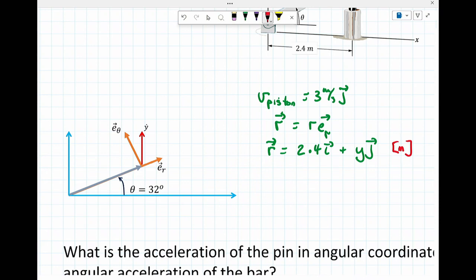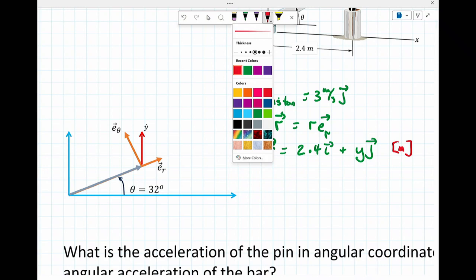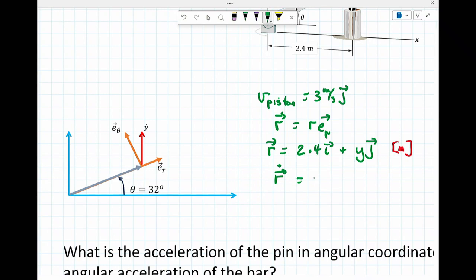I know the angle is 32 degrees. I know r is also equal to R E sub r. I know that r dot is equal to y dot sine of theta. And I know that because in this particular case, it's a nice triangle. It's a right triangle. It's never going to change.